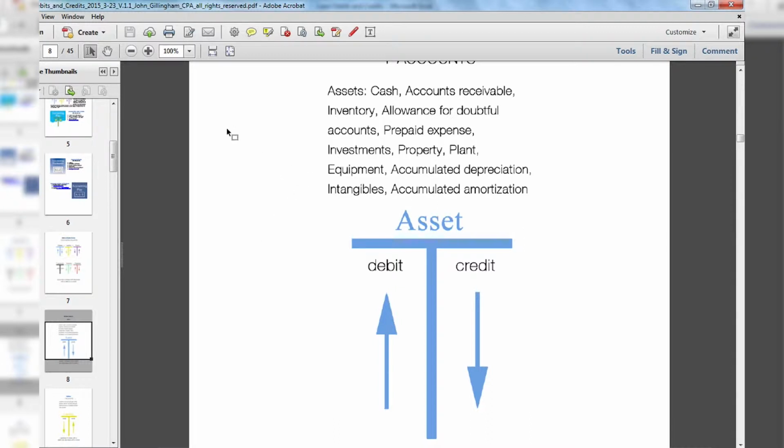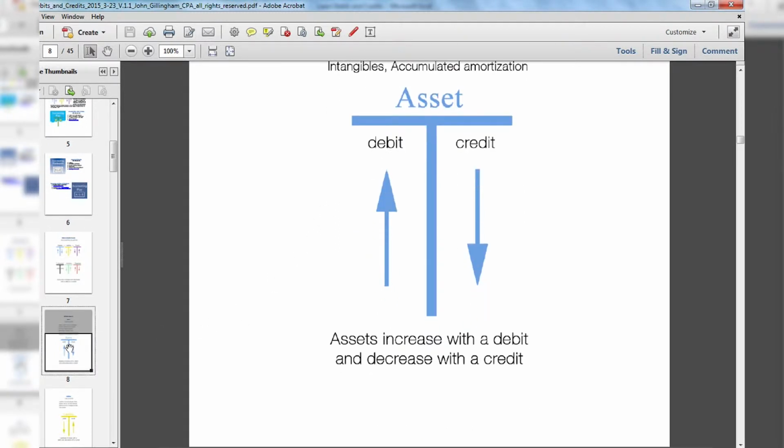Allowance for doubtful accounts is a contra asset, as is accumulated depreciation. Other common assets can be intangibles, and another contra asset can be accumulated amortization. So we just need to commit these to memory. Assets increase with a debit and decrease with a credit.